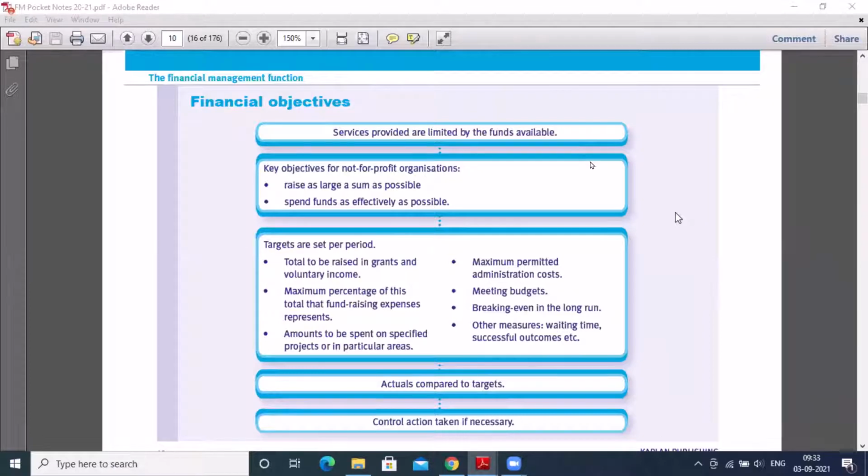If they are unable to achieve the target, they need to take the required actions so that they won't be facing the same issue in the next reporting. Okay. So these are the financial objectives of not-for-profit organizations. So shall I move with the next point?